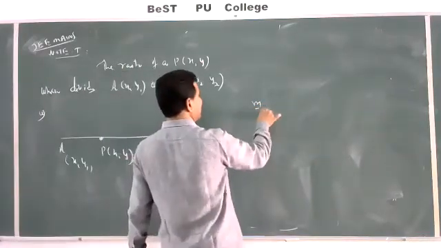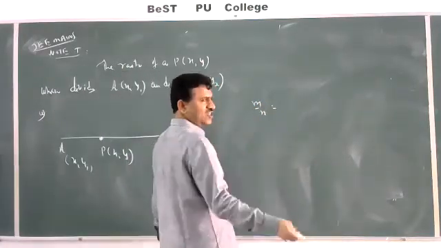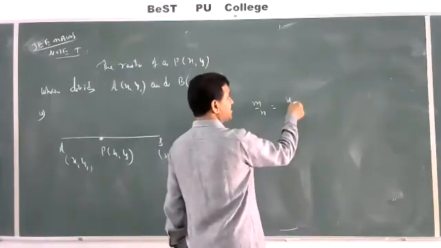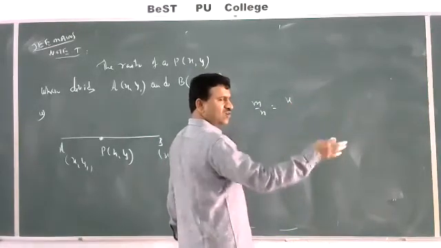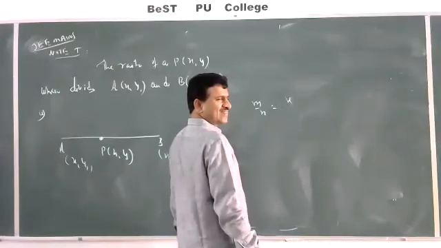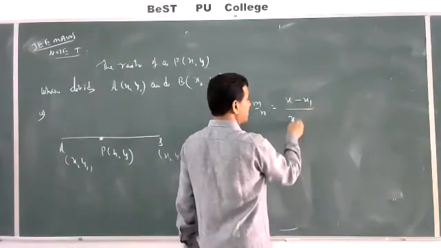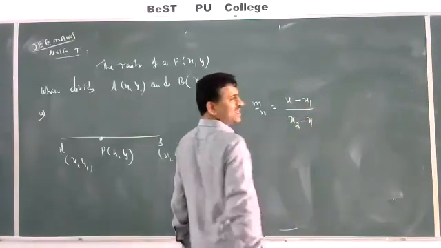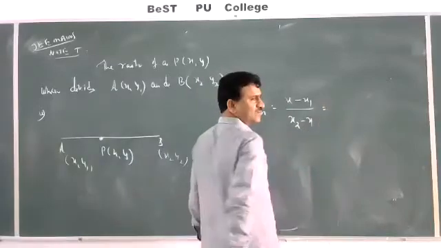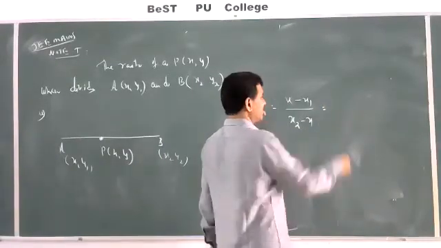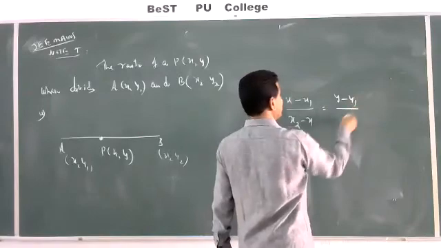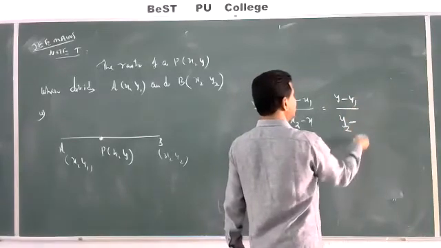In that proof, m by n is equal to, in coordinates, AP by PB is equal to (x minus x1) by (x2 minus x), and this is equal to, one more, (y minus y1) by (y2 minus y).